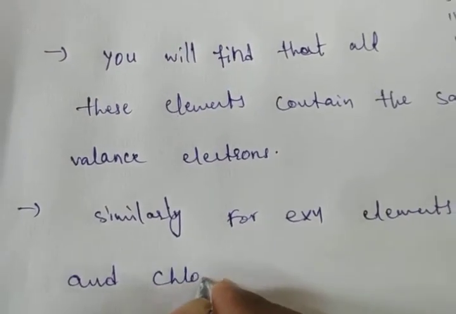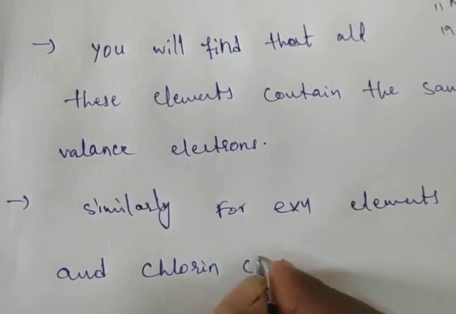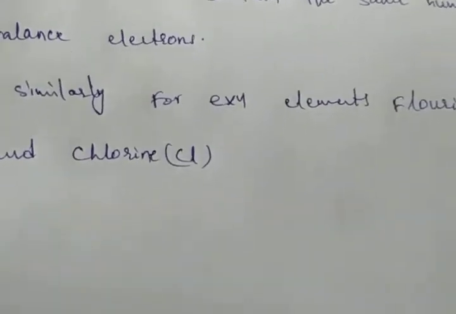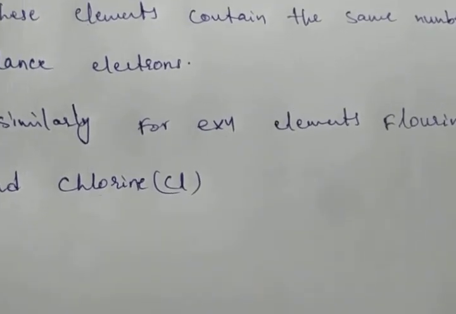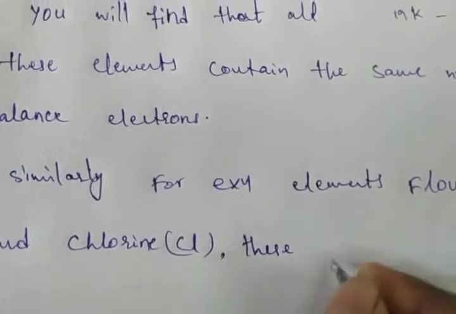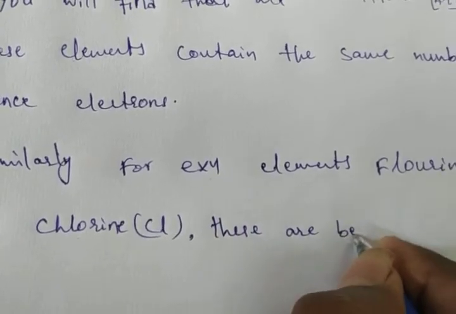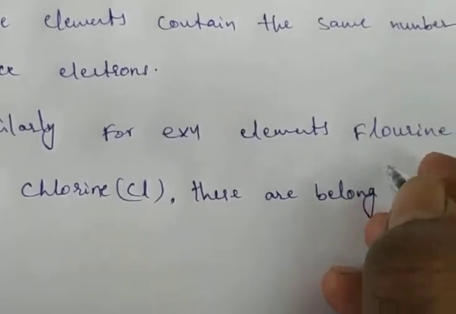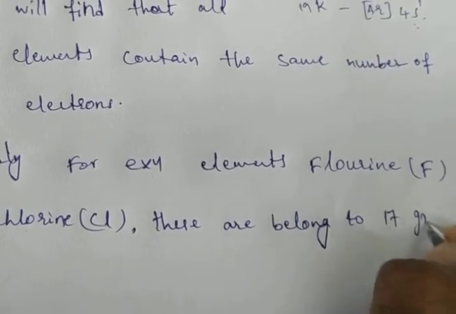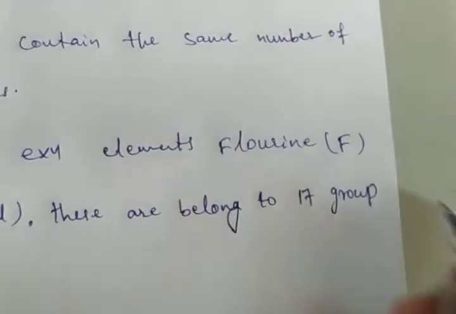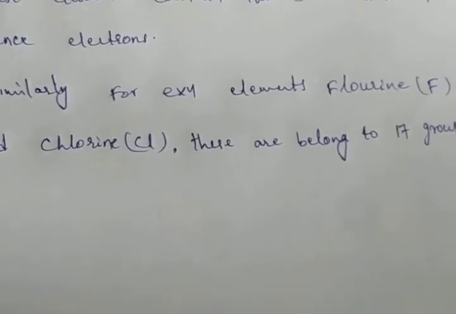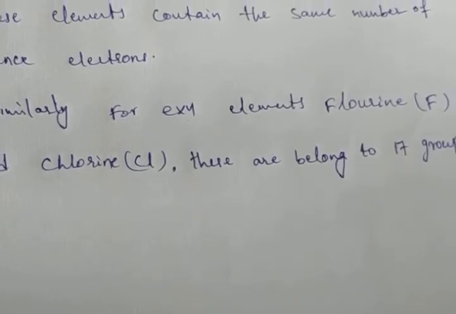What is the symbol of fluorine? F. And what is the symbol of chlorine? Cl. Which group do they belong to? Group 17. They belong to group 17. How many electrons do fluorine and chlorine have in their outermost shells?